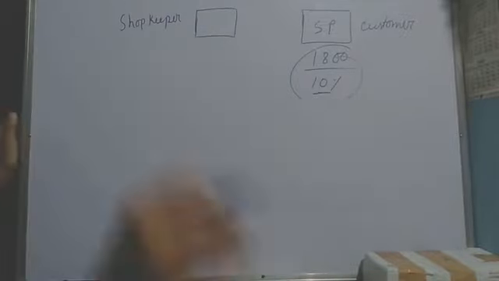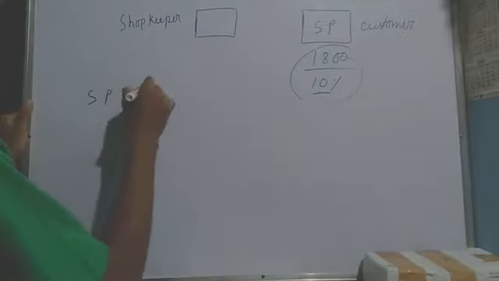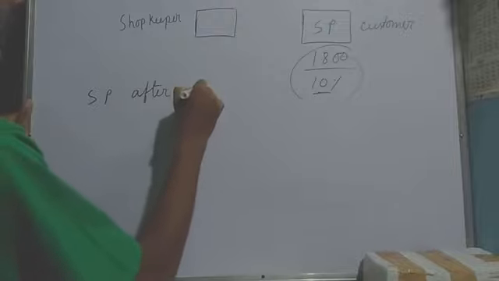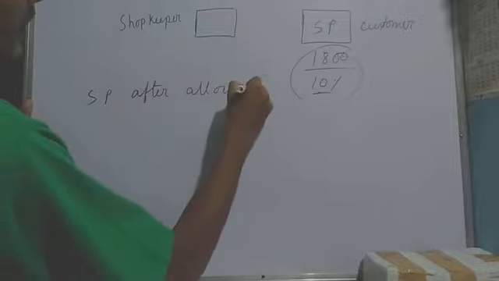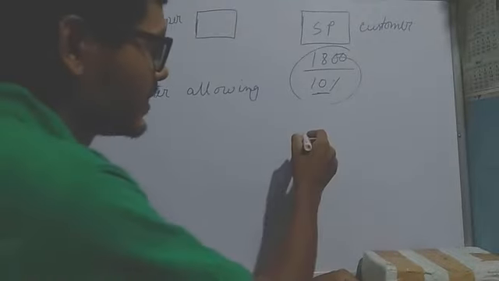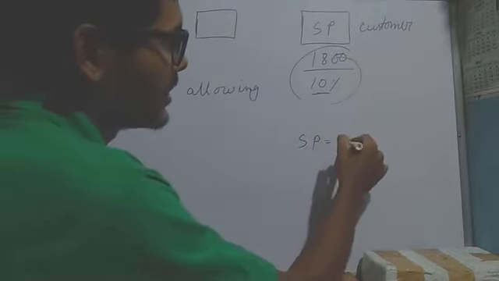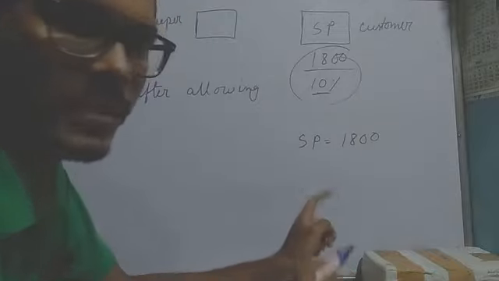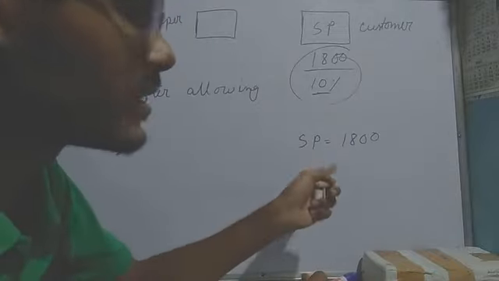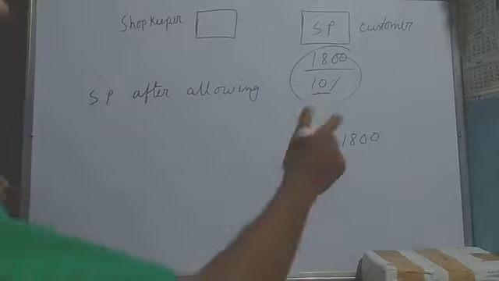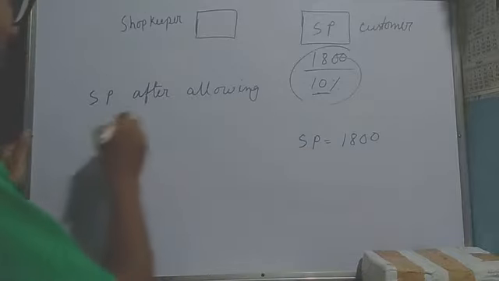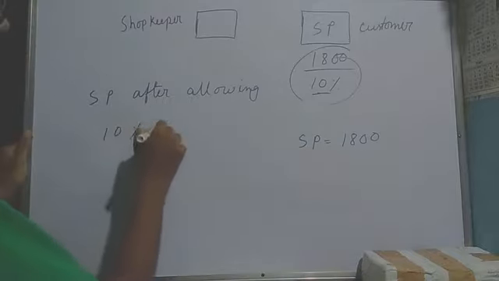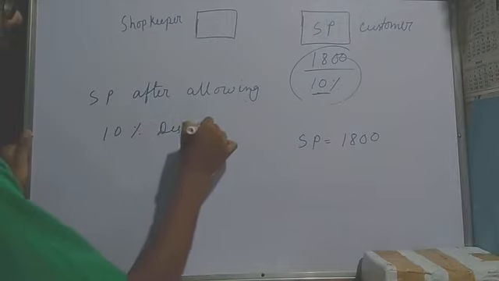So selling price SP after allowing discount. I will explain again. Just now we got selling price 1800. Now the shopkeeper is giving 10% discount.